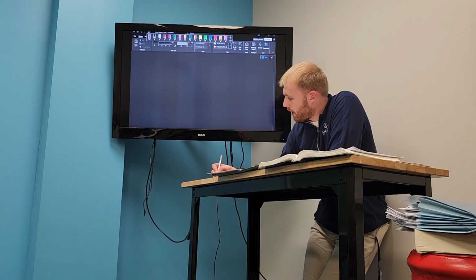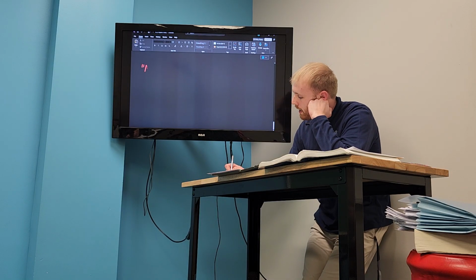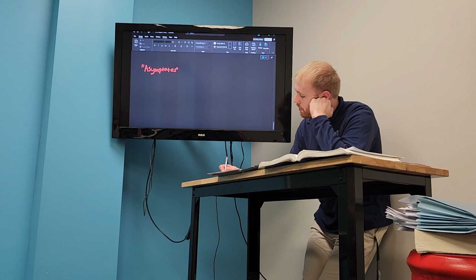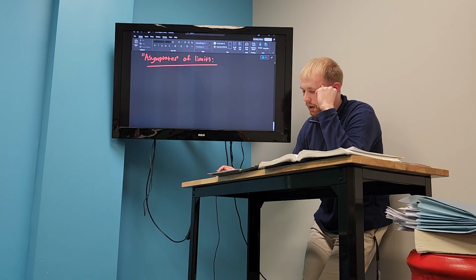We've got, let's use red. I'm going to call this asymptotes of limits. They're not really asymptotes, but I think it's a helpful way to think about it. I'm going to summarize this with math notation. So those three examples are examples of this.